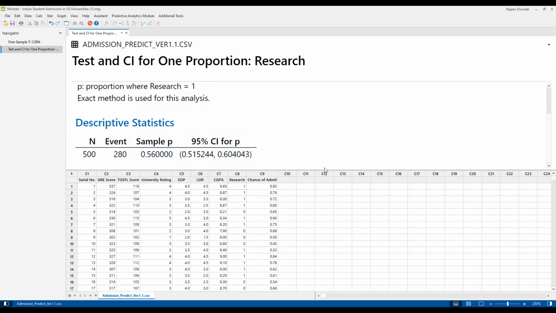Now, let me go into the slide part and explain. I'm just opening the slides.